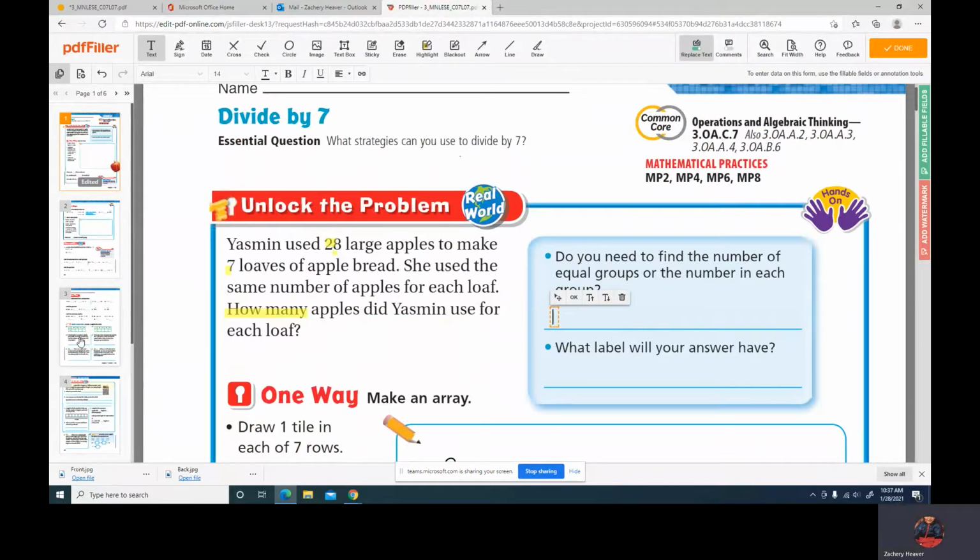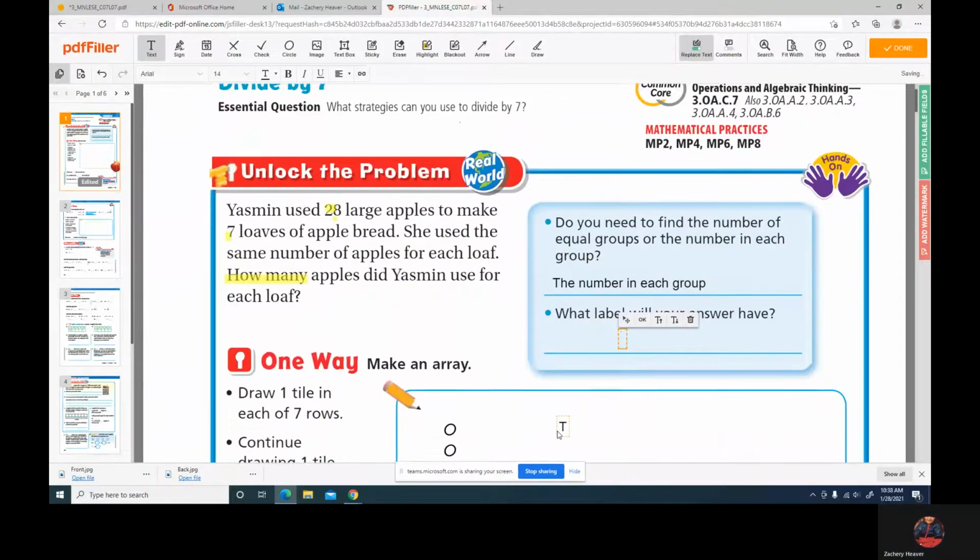But what we're going to do first is find the number in each group.